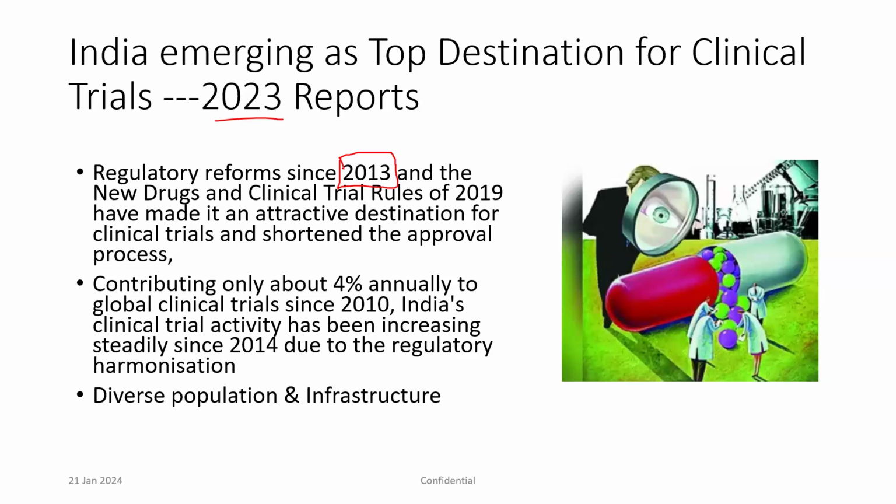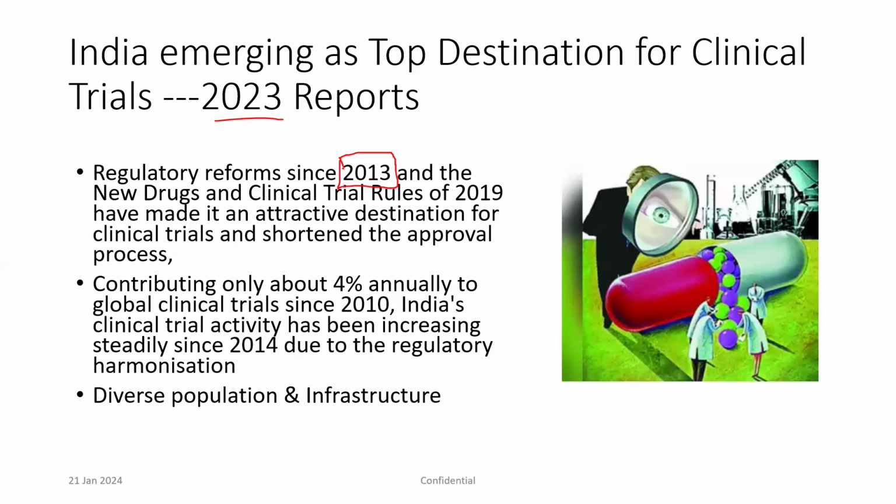It was the headline of all the newspapers that Indian people are being treated as guinea pigs, because the number of deaths reported in clinical trials was very, very high. I will share one video and one link to study this report, so you can go through it.